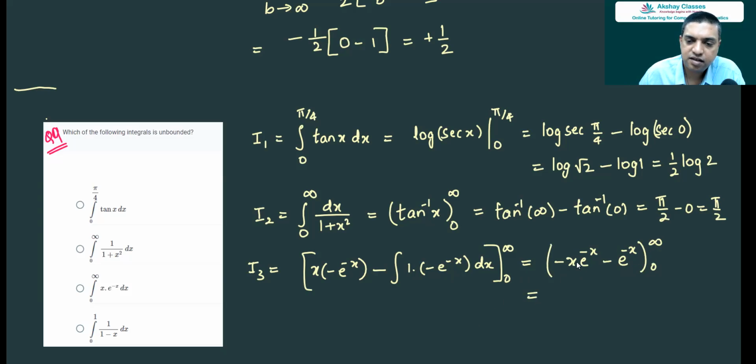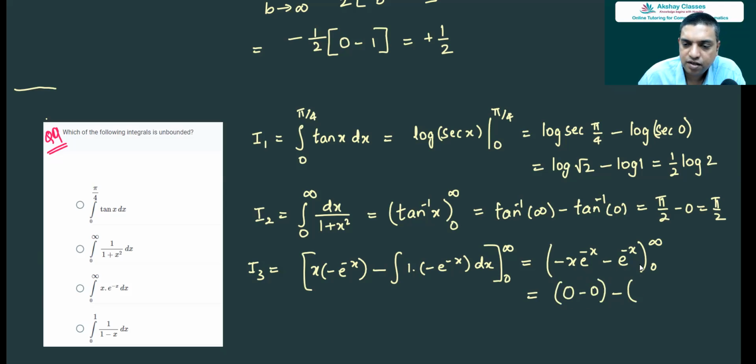So as x approaches infinity, e power minus infinity goes to 0. And this goes to infinity, but you can see with L'Hospital's rule that this value will go to 0.